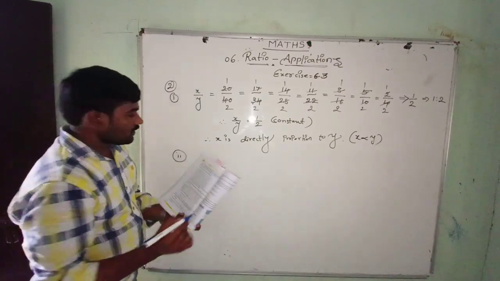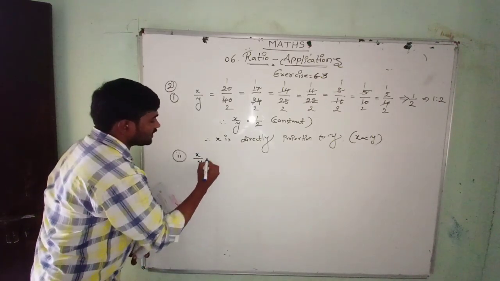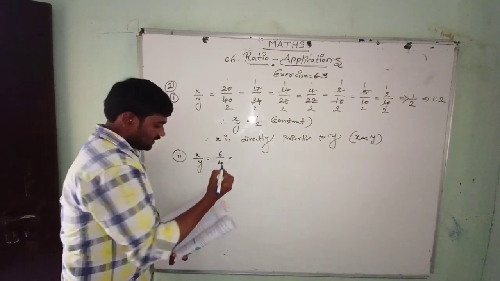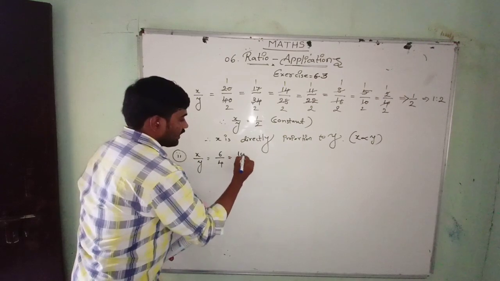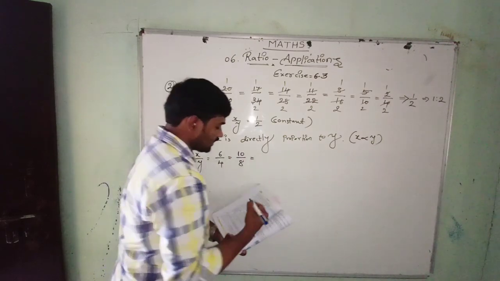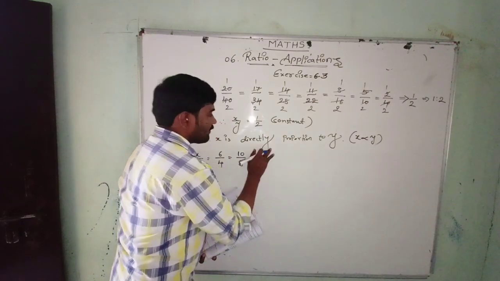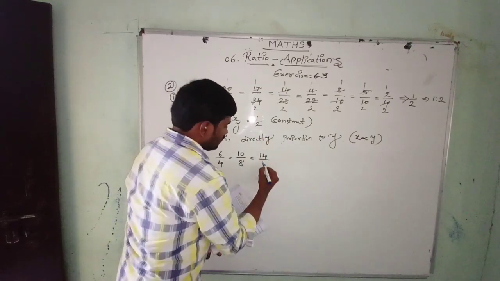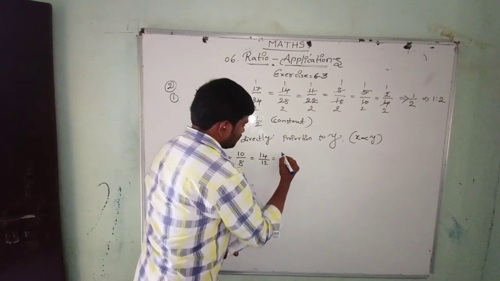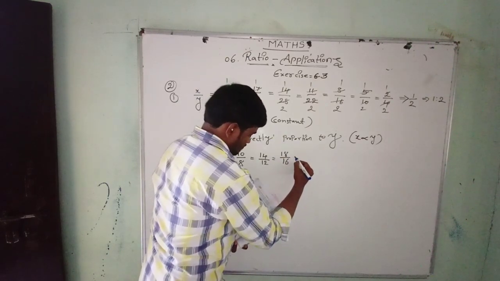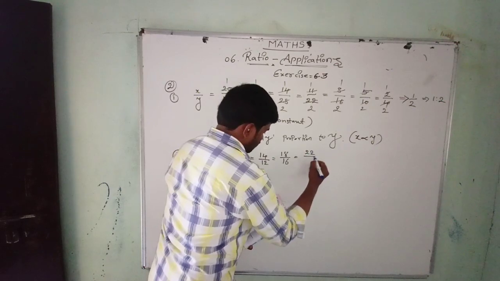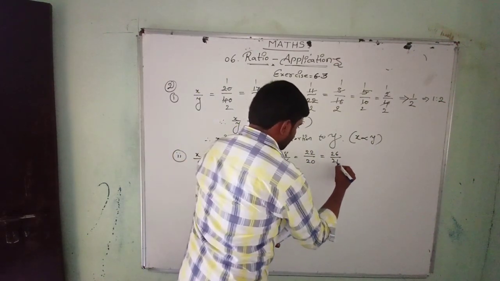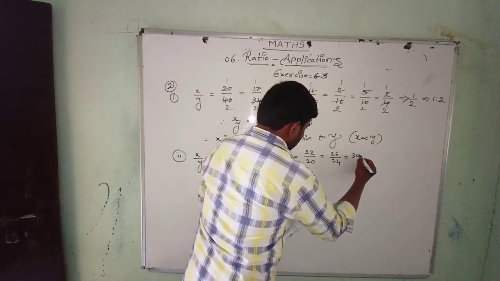See that x by y you do it, then you get x by y equal to 6 by 4, which is equal to 10 by 8, which is equal to మళ్ళీ తర్వాత చూద్దాం అవి ఈక్వల్ కాదు 4 by 12, which is equal to 18 by 16, which is equal to 22 by 20, which is equal to 26 by 24, which is equal to 30 by 28.